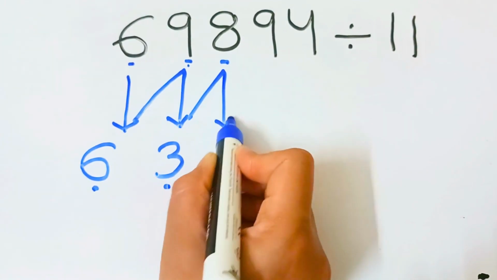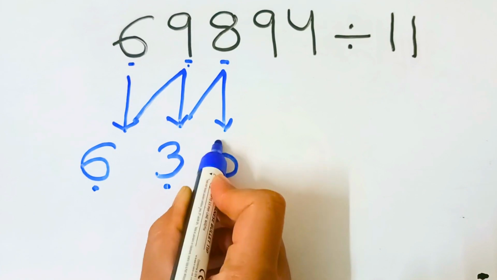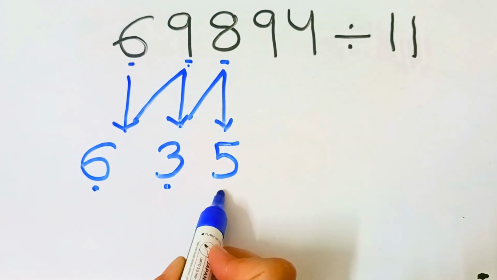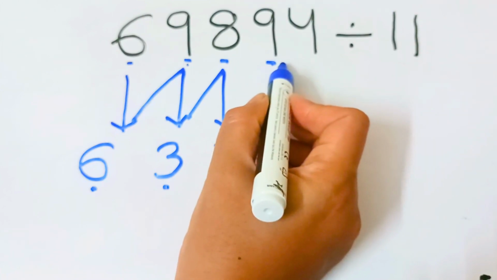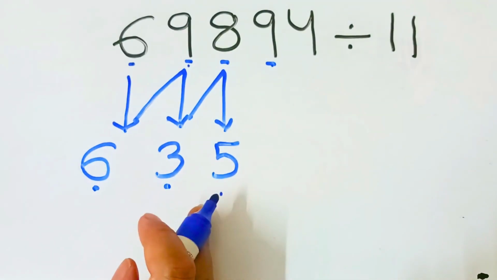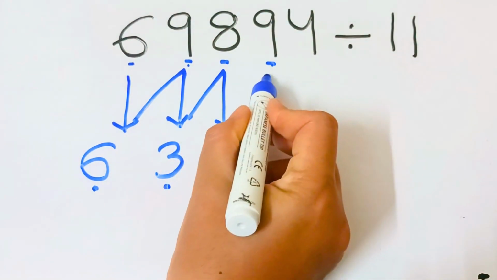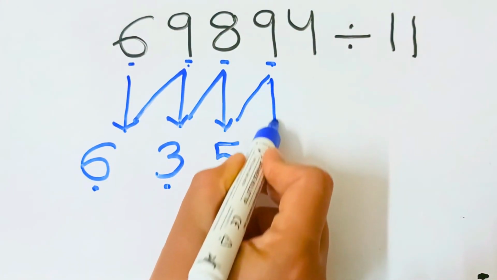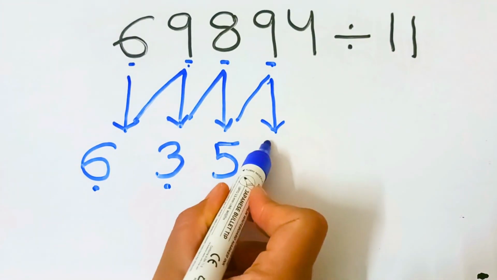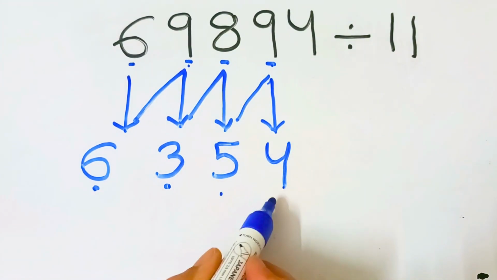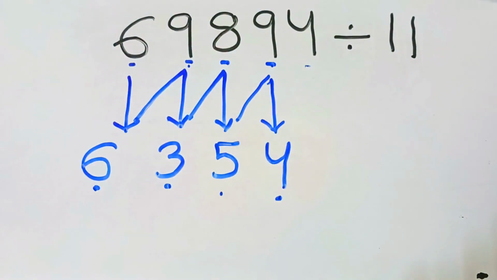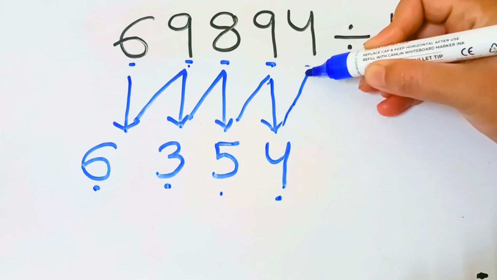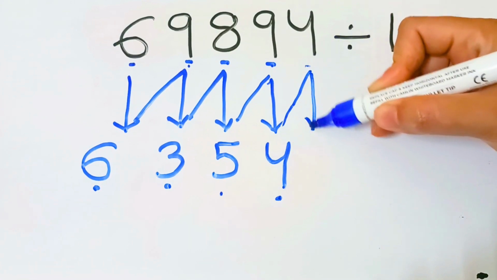So write 5 here. Now you have to subtract this 5 from 9, because the next digit is 9. So 9 minus 5 is 4. Now subtract this number from this, that is 4 minus 4, which is 0.